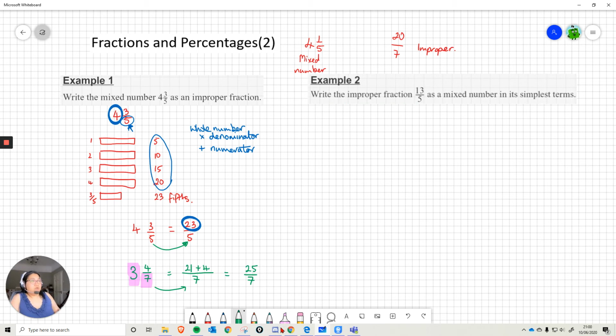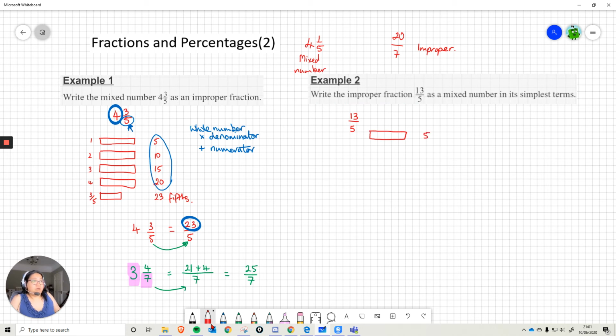Now we can also change them back. In example 2, we've got 13/5, which is an improper fraction, and we now need to change it back into a mixed number. If I start with a diagram again, and think about what my diagram will be made of, this fraction is out of 5, which means each of my wholes would be made of 5 squares. So I'm going to put 5 squares together, and there's one whole.